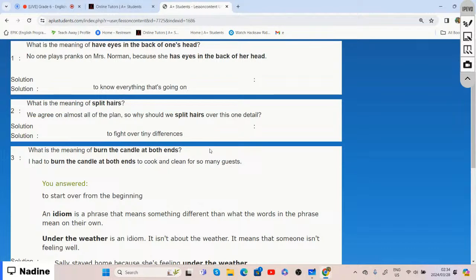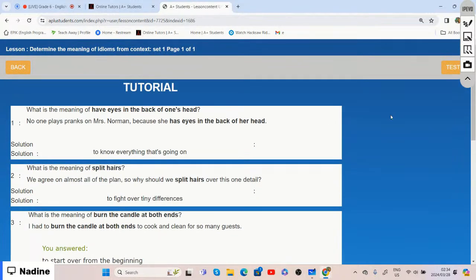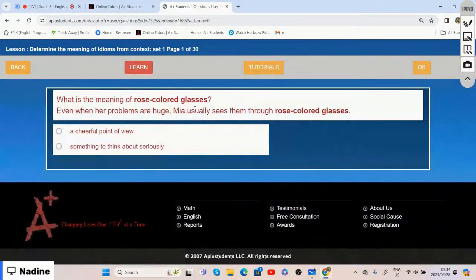All right. So now we're going to our test, right? Where we are going to determine the meaning of idioms in context. If we look at it, it says, what is the meaning of rose colored glasses?